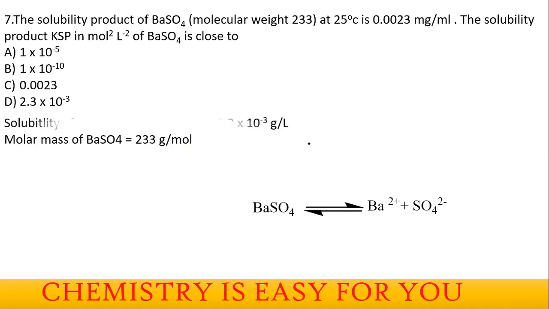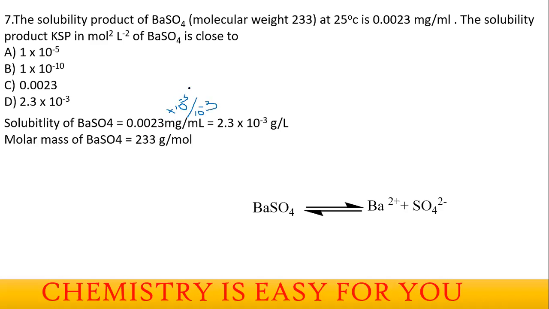Now, secondly, the solubility is given as 0.0023 milligram per ml. We can write it as gram per liter because when we convert milligram into gram, we have into 10 raised to minus 3 in the numerator. So in the denominator also we will have into 10 raised to minus 3 when we are converting milliliter into liter.